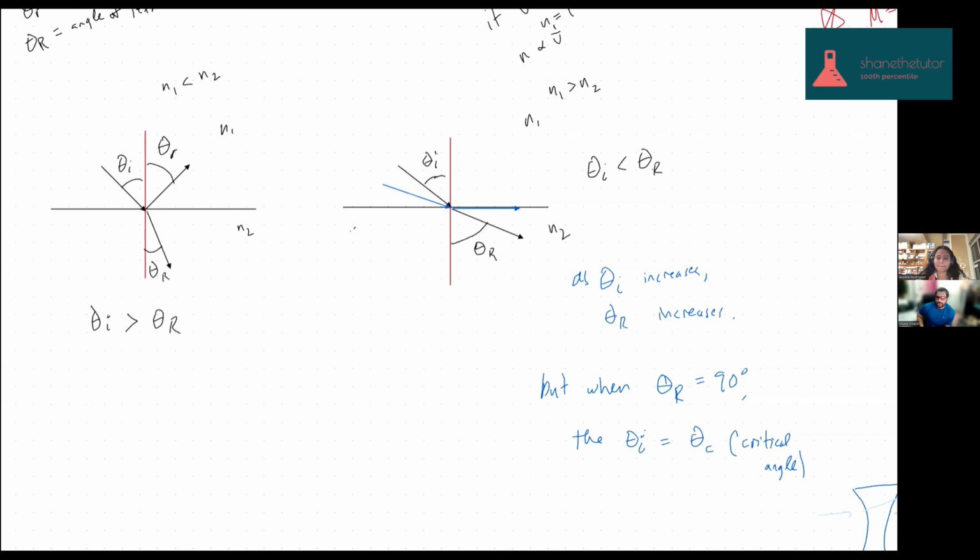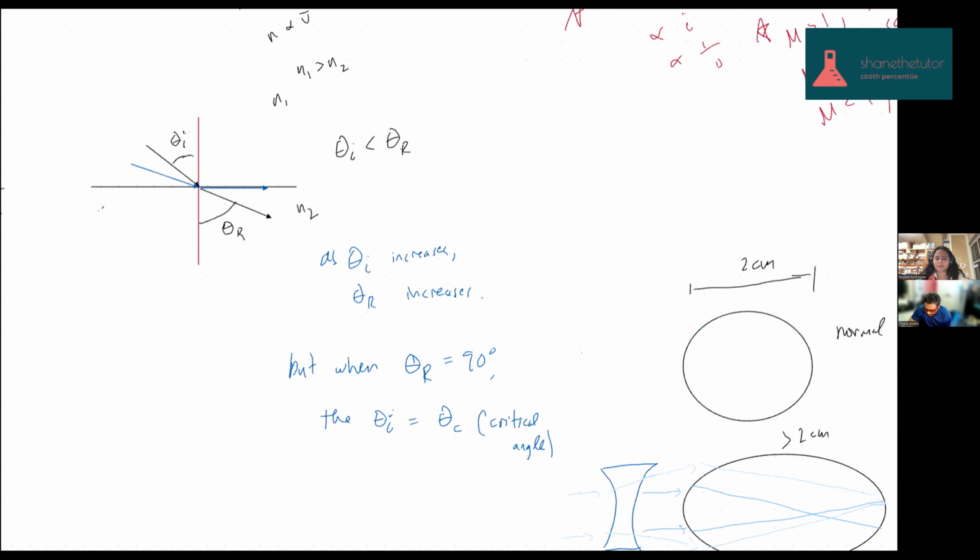The critical angle is the angle of incidence that produces a 90-degree angle of refraction. So you can also see this as 100% refraction, 0% reflection.